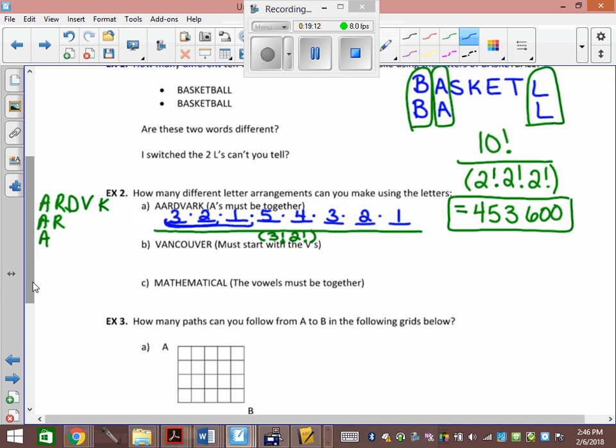Because it says together, it doesn't say at the front. So they could be here, which is 1 way, or 2, or 3, or 4, or 5, or 6. So on the top, I have 6 factorial, 3 factorial in brackets, divided by the bottom, 3 factorial, 2 factorial. What's great about this one? Those would cancel. So it's going to be 360.